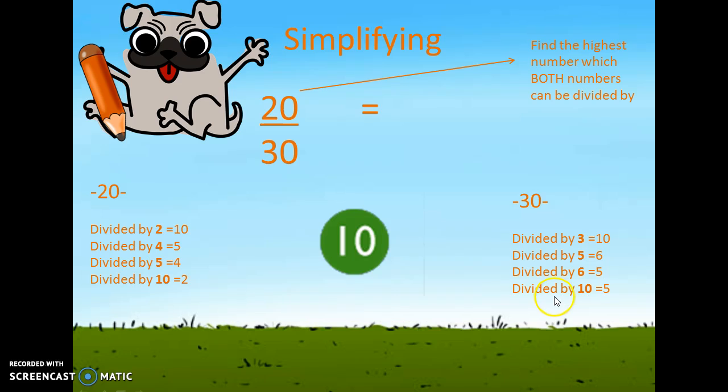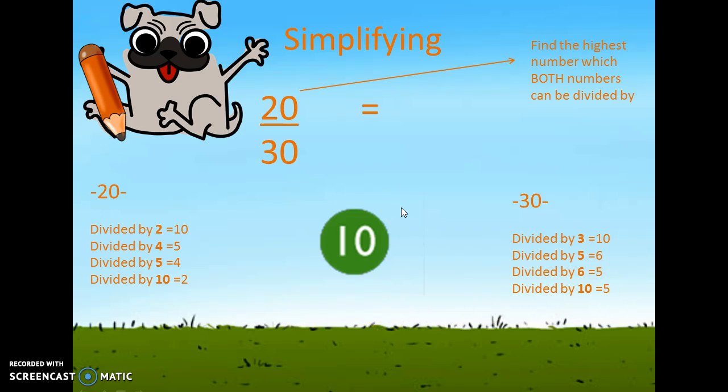You'll notice that the greatest number that both numbers have in common when dividing is 10. You'll notice that both also have 5. But what we look for when we simplify is the greatest number that both numbers can be divided by.